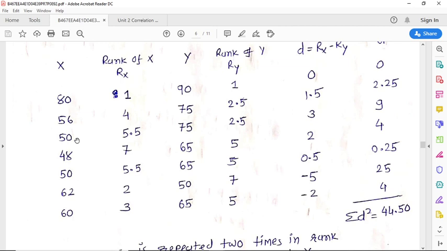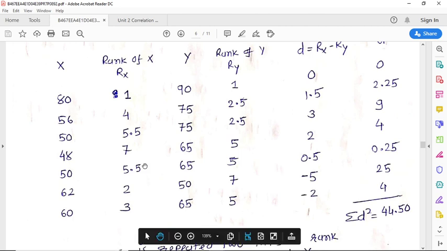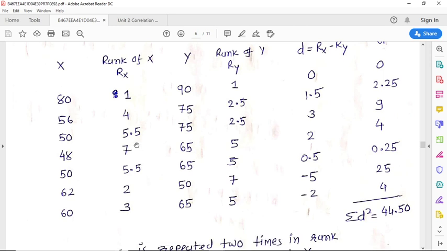So 5 plus 6 divided by 2, that will be 11 by 2, and 11 by 2 is 5.5. Okay, so that is the rank of x, and the last is 48, so assign this a 7. Clear? It is 5.5, 5.5 and 7.